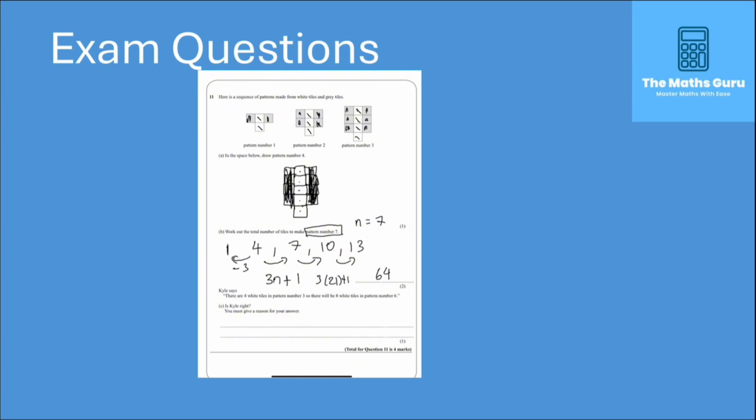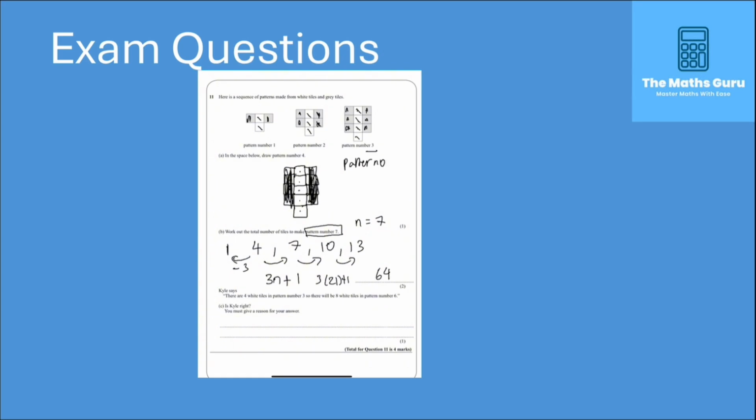Kyle says there are 4 white tiles in pattern 3, so there'll be 8 white tiles in pattern number 6. Is Kyle right? We must give a reason. We can clearly see that the white tiles are increasing by 1 with regards to the pattern number.